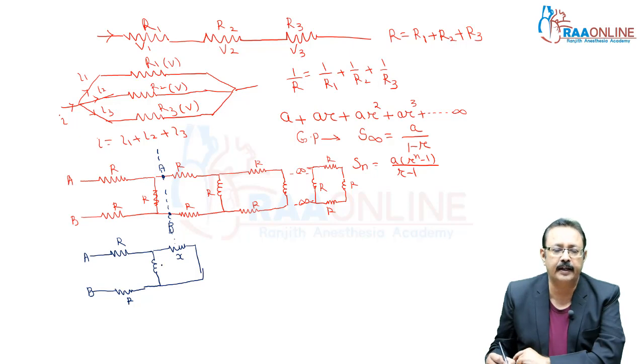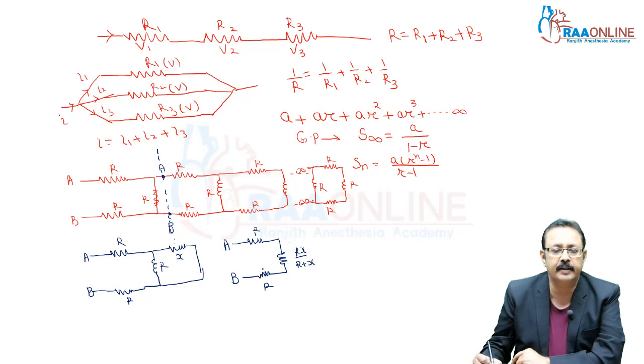Now this X and this R are parallel. So what am I getting? We know the formula for parallel: product divided by sum. So it will become Rx by R plus X.